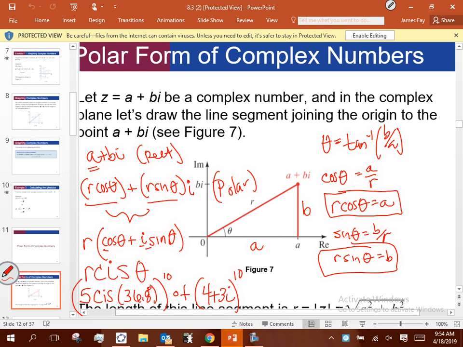It's really easy to take a polar form of a complex number and multiply it by itself, or even multiply it by another polar form complex number, than it is to multiply two complex numbers in rectangular form. So that's the benefit of this.